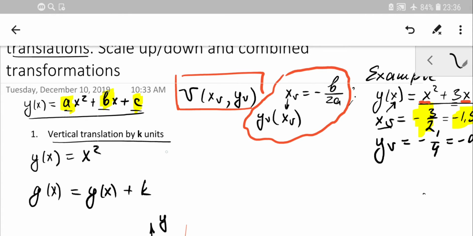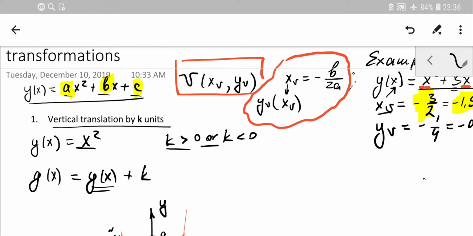Okay, so as you understand, k might be positive or it might be negative. When it's positive, to every single y value of your basic function, we simply add k units, so we shift it upwards. If k is negative, we shift it downwards.